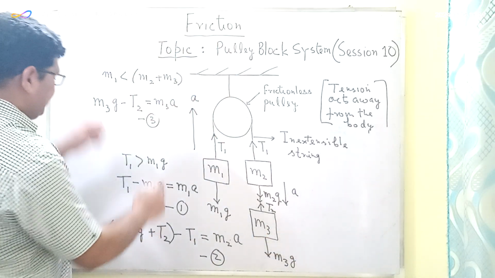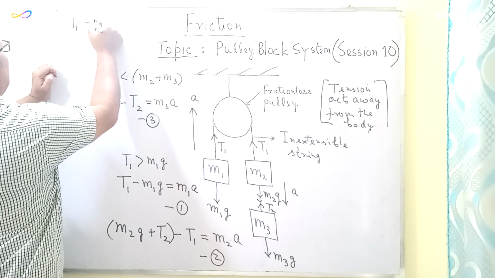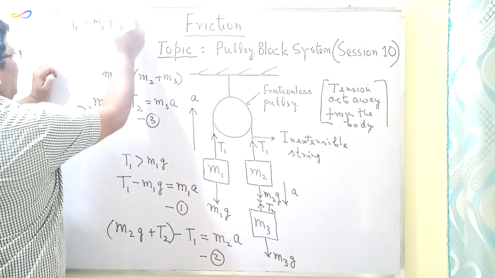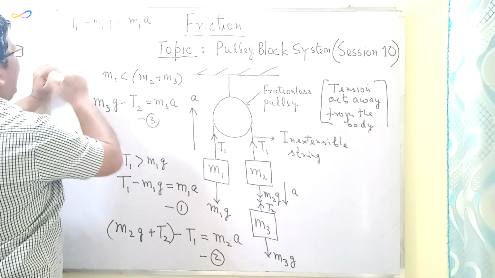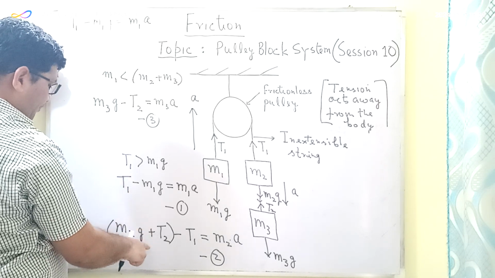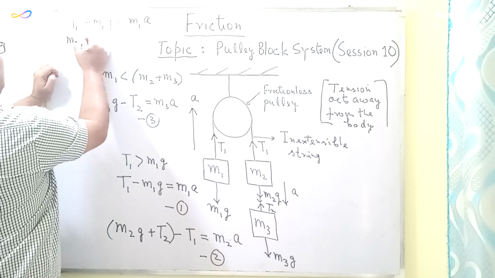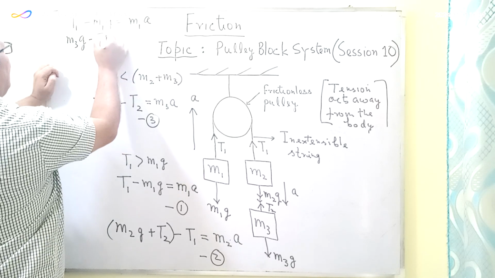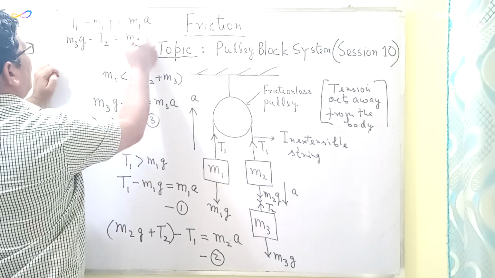So I will be writing all these three equations here now. T1 minus m1g is equal to m1a. Second is m3g minus T2, this is equal to m3a.